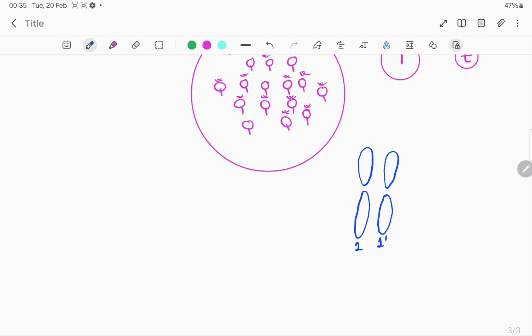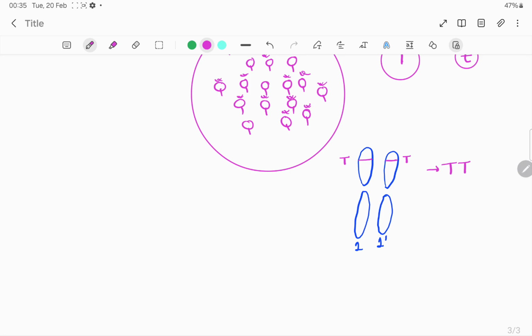Now in that chromosome, suppose there is an allele, suppose it is capital T. That means a dominant allele is there. And here also in the one dash chromosome there is a capital T allele. Is it clear? So you can write it like this, capital T, capital T.